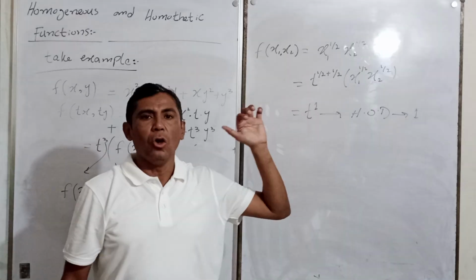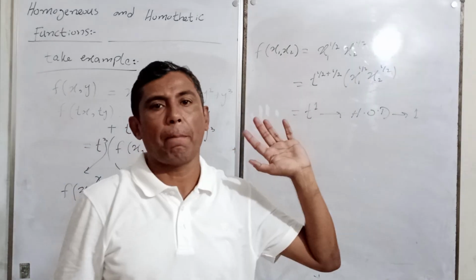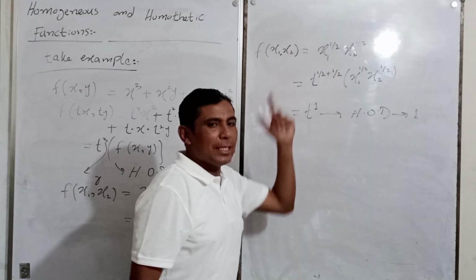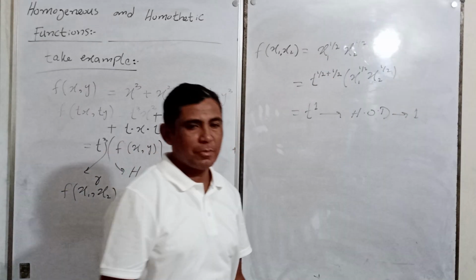It will always be homogeneous of degree 1. Clear? Now take another example of your utility function.